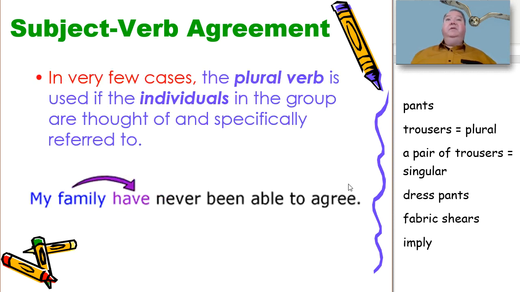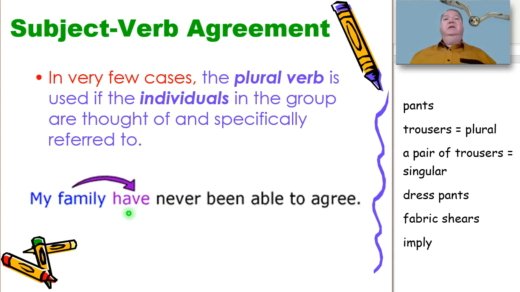However, in a few cases, the plural verb is used if the individuals in the group are thought of and specifically referred to. So in some cases, we're talking specifically about the individual people. My family have never been able to agree.